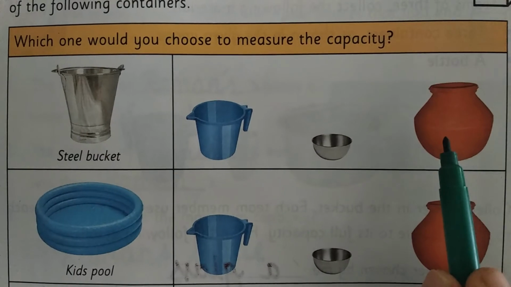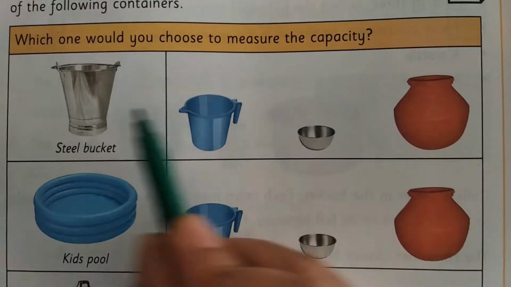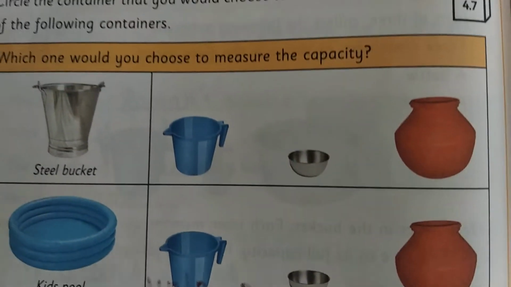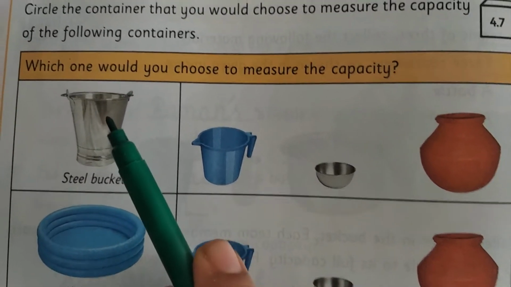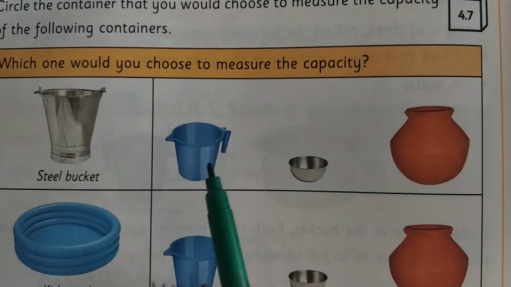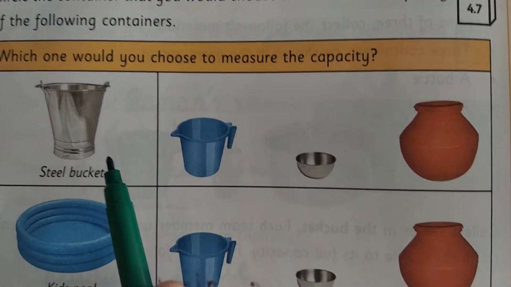And this pot, if you are taking this pot also, one pot you can pour this water, it will be filled. So we want to find the capacity of this bucket. Out of these 3, which container will you choose to fill this bucket?